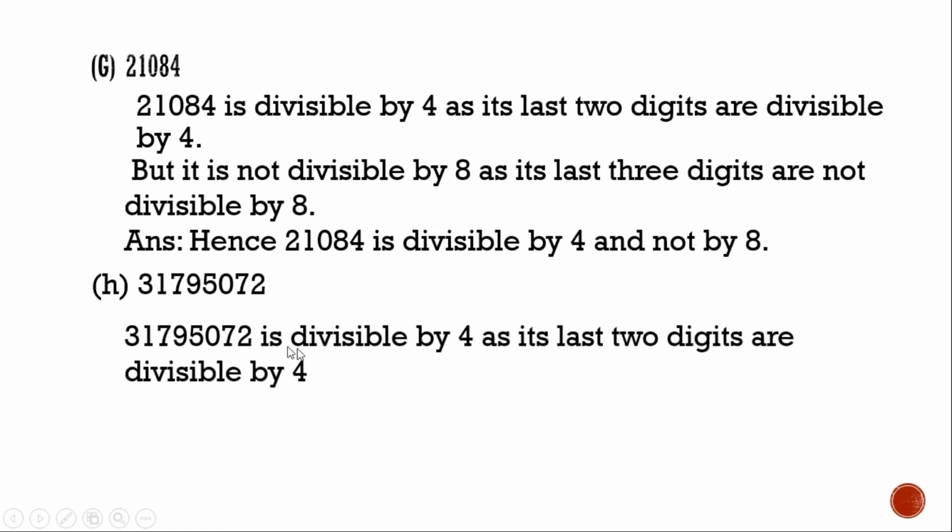So the given number is divisible by 4 as its last two digits are divisible by 4. You have to write all these statements for each and every sum. Just like that you cannot write it is divisible by 4, it is not by 8 and so on. It's not like that. You have to write the full statement.